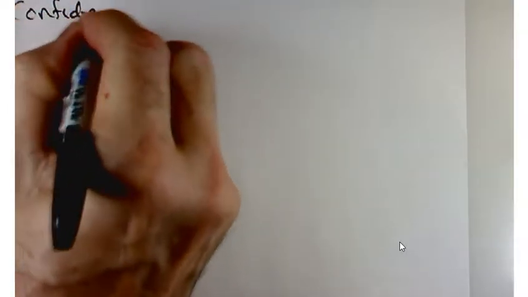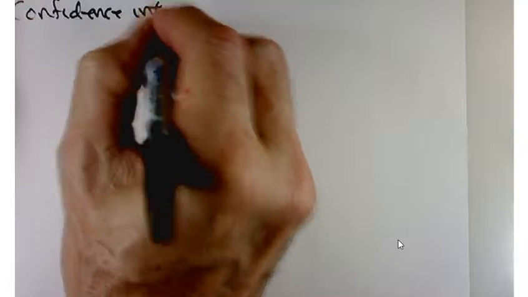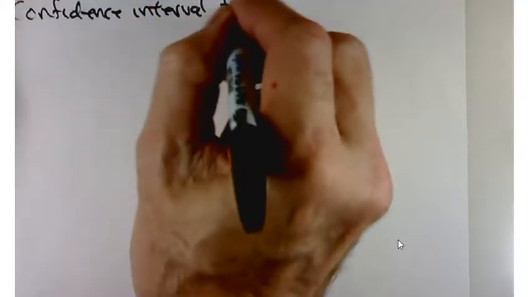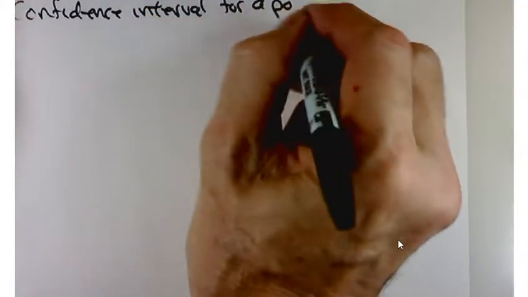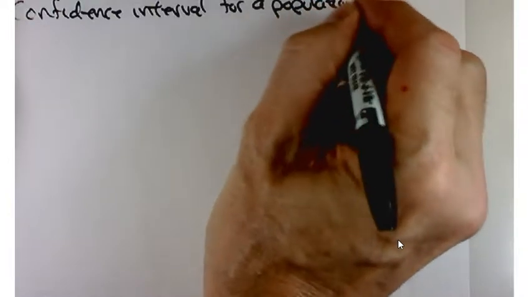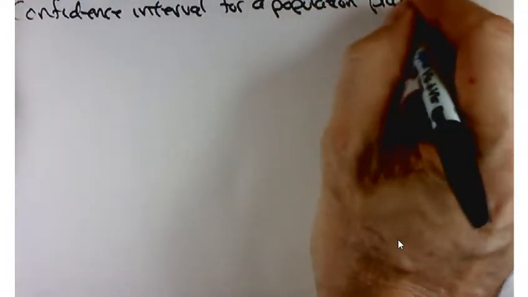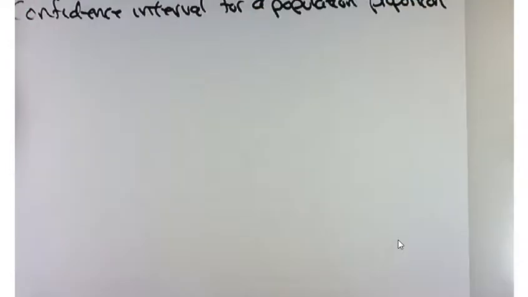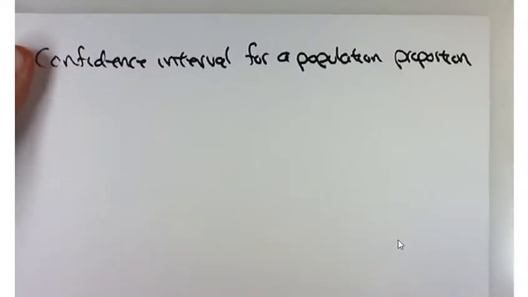In fact, the book would have you do a lot of work. But let me tell you the general form of a confidence interval for a population proportion. And let me put that in here. There you go.